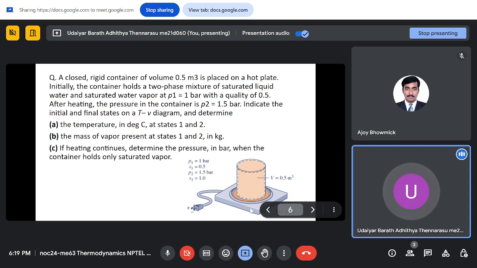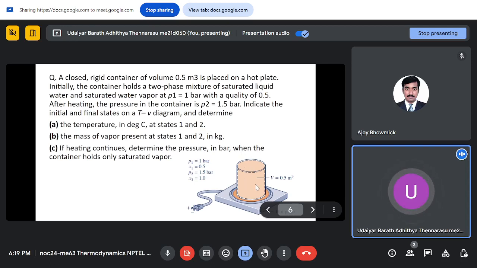Your pressure at state 2 is 1.5 bar. Initially it is 1 bar and 0.5 quality, and you need to find the temperature there, and also at 1.5 bar, and the mass of vapor at states 1 and 2.